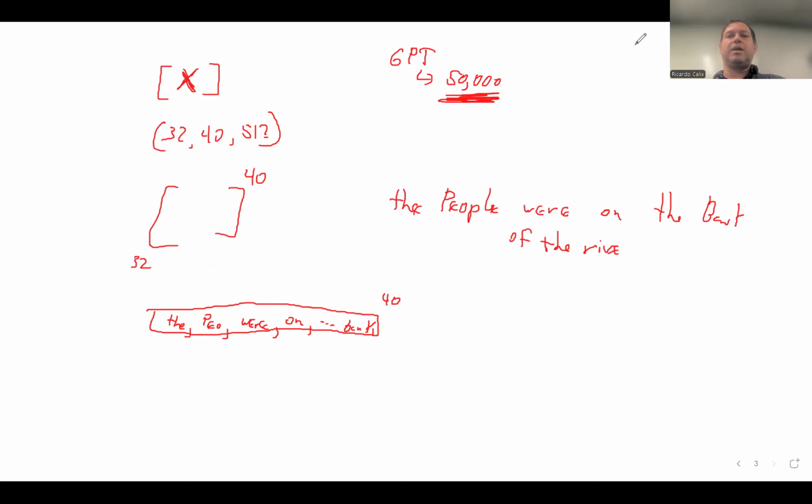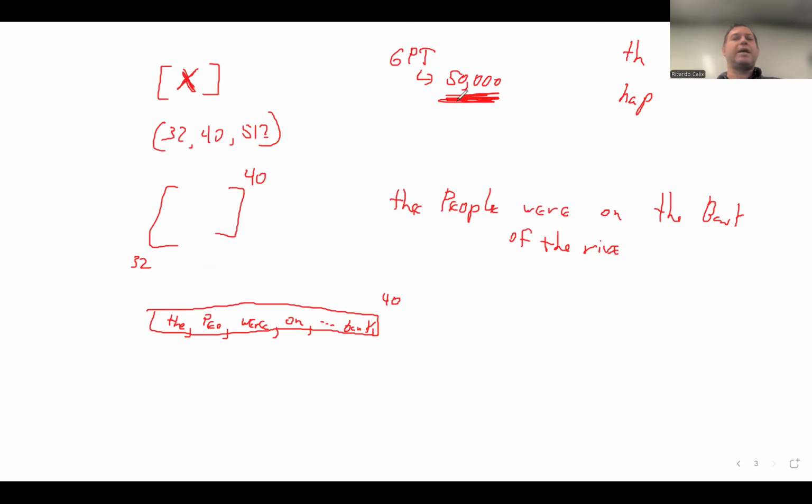So for instance, with happy, you have hap, but that could become happier, happiest, happily. You break it up into syllables so you can form other words and be efficient. But for now, let's just say there are about 50,000 words.